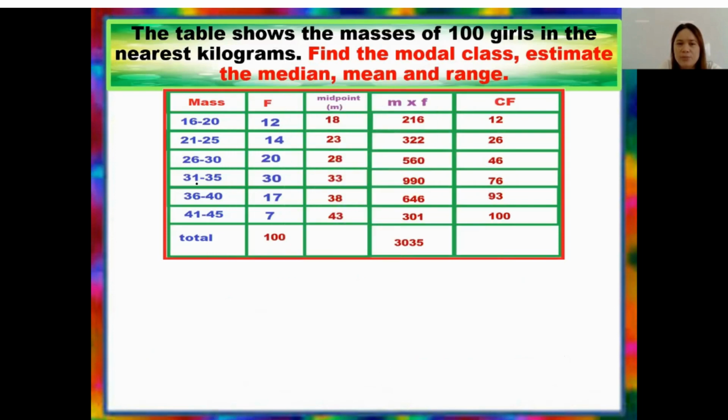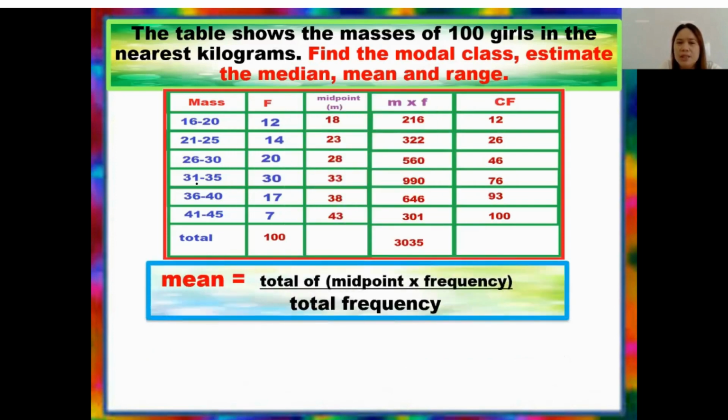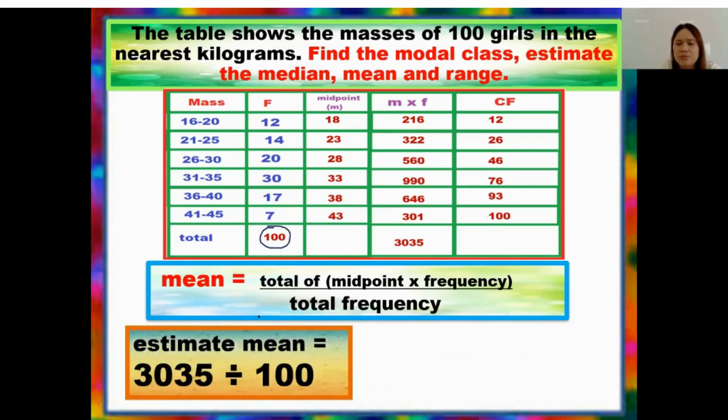And the next thing that we want to calculate is the mean. So we need to get the sum of this m times f, which is 3035. So that is the total. And then we divide it by the total frequency here, which is 100. So we divide 3035 by 100 without doing the long division.